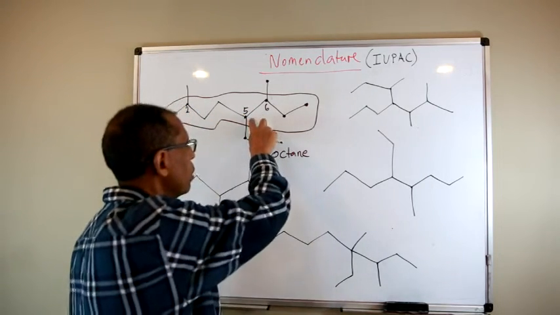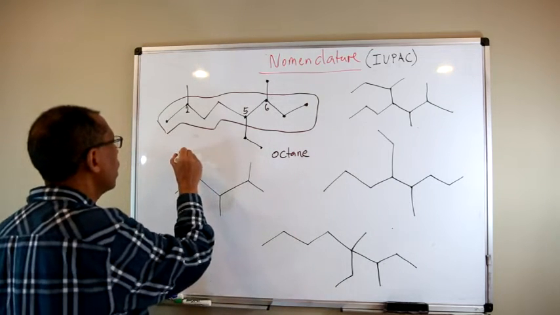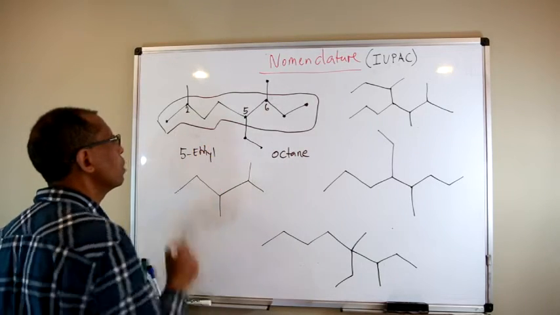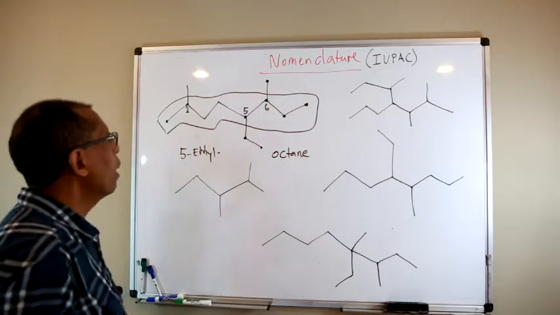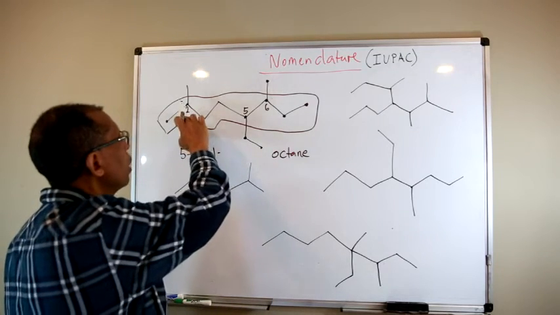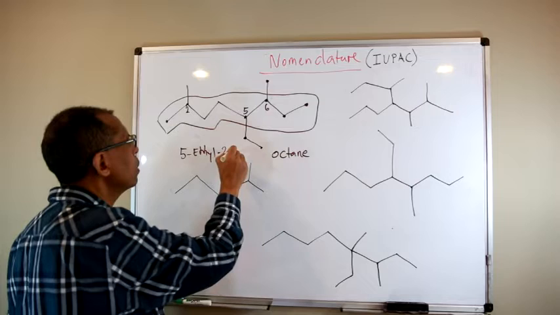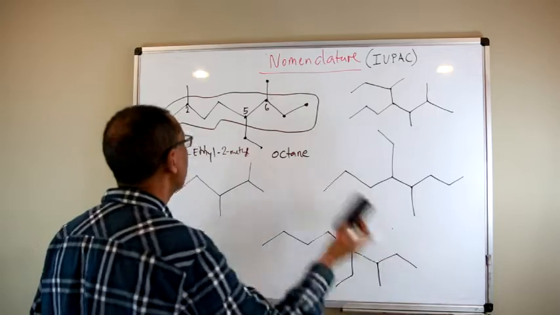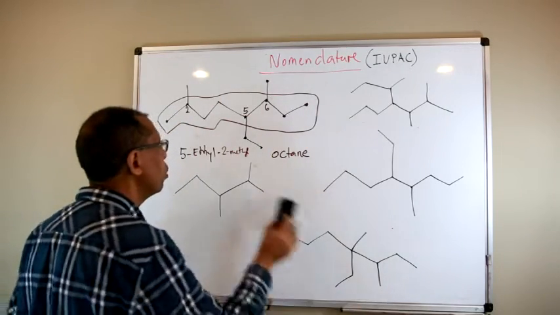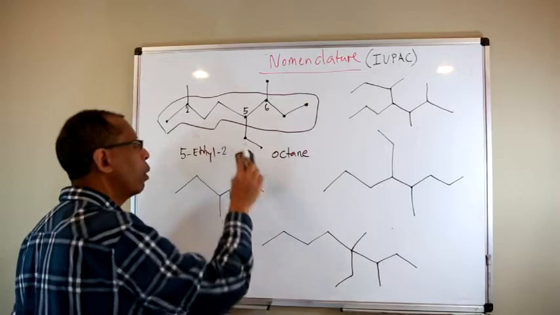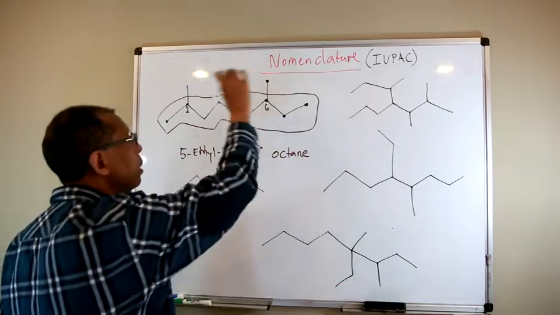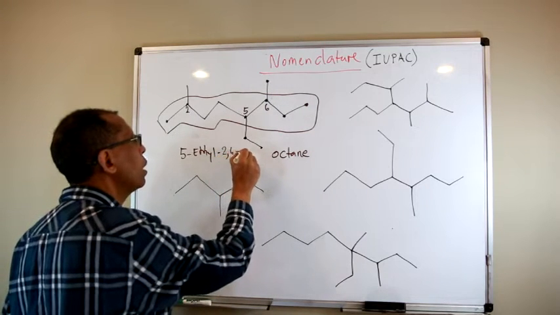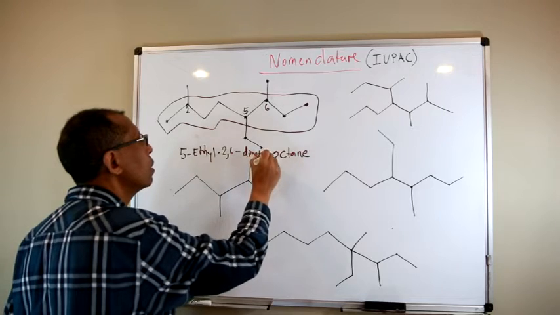It is at 5 position because it is 2 carbon. So I would start by saying 5-ethyl. Next would be the next lowest number at 2, methyl, 2, 6, since both are methyls, you should be familiar by just condensing them to say dimethyl. There are 2 methyls, so we call them 2,6-dimethyl octane.